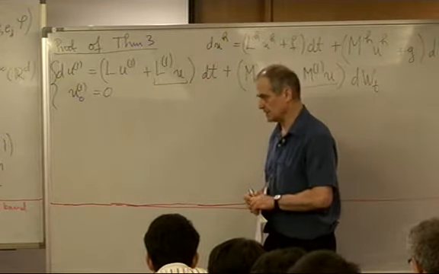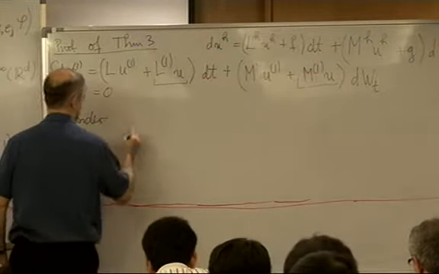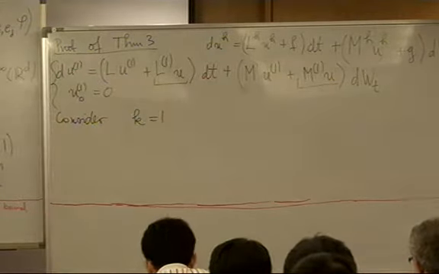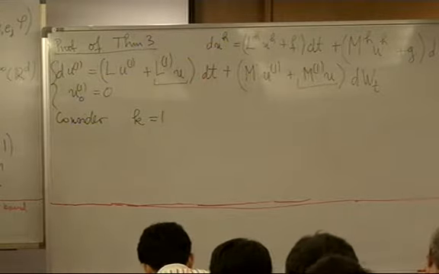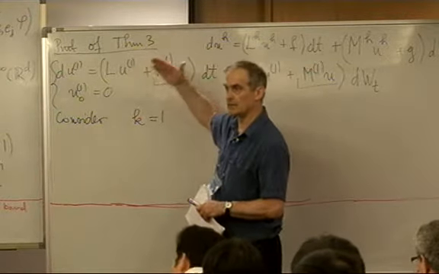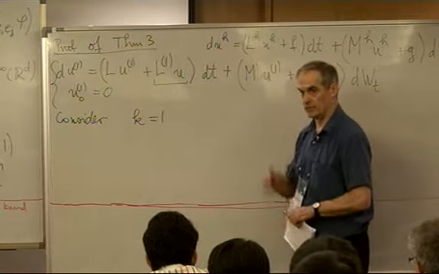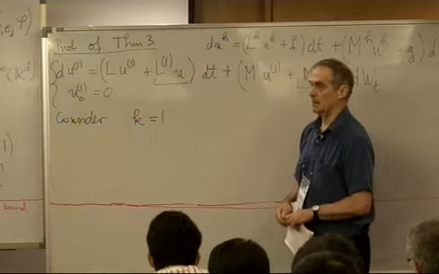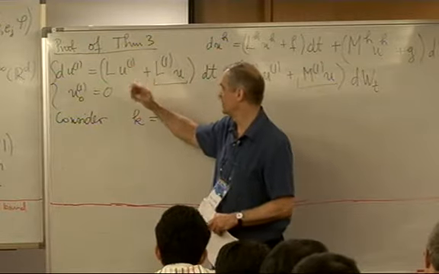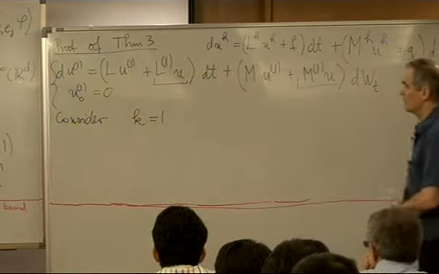To make things easier, let us just consider the case k equals 1, instead of the general one. Otherwise, if k is 2 and so on, then we take formally the second derivatives and so on, and then we have a system of SPDEs for these u1, ..., uk. But let us not do the general case, just k equals 1.